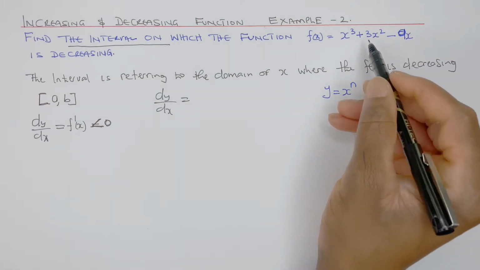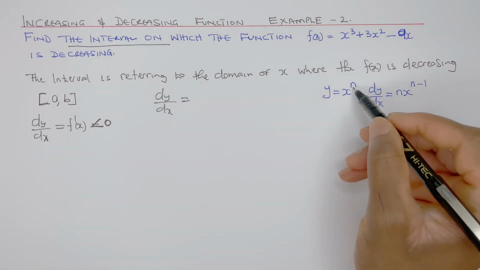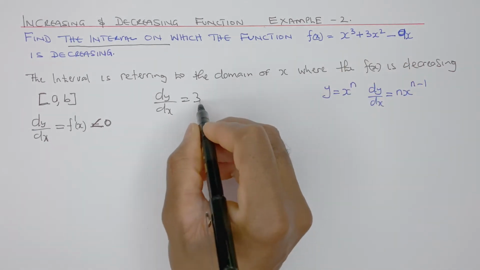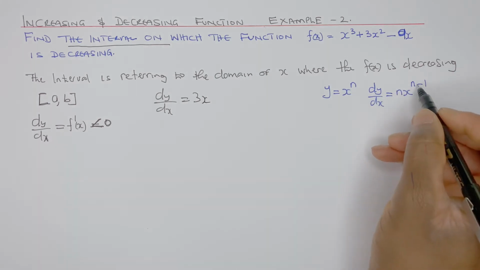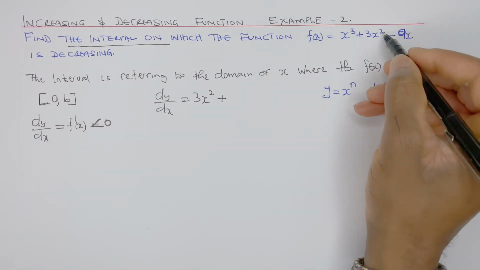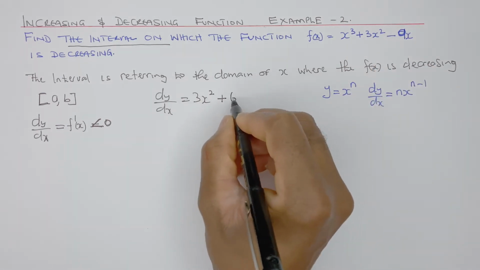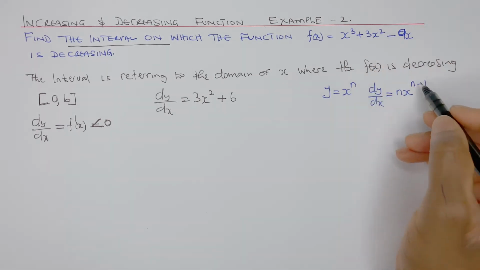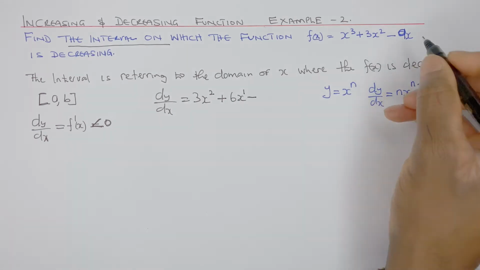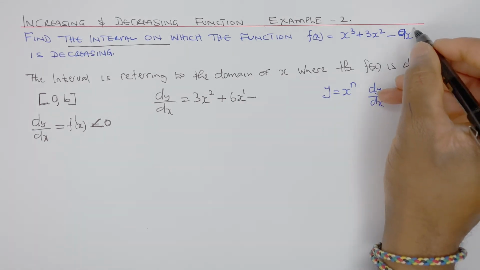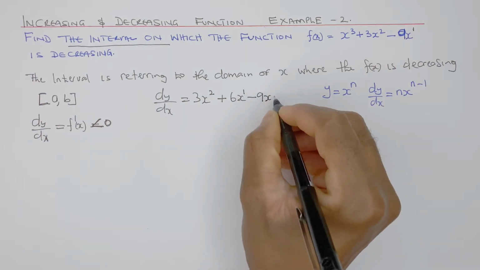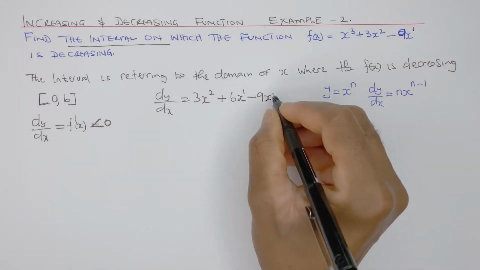Here n is 3, so that will be 3x to the power 3 minus 1, which is 2, plus 2 times 3, so 6x to the power 2 minus 1, that is x to the power 1, minus 9 x to the power 1 minus 1, which is 0.